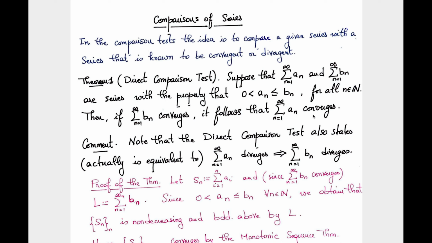Okay. I'm not saying they're going to be the same sum. I'm just saying that if one converges, if this is a finite sum, then that's going to be also a finite sum. I'm not saying that the sum is going to be the same. All right.